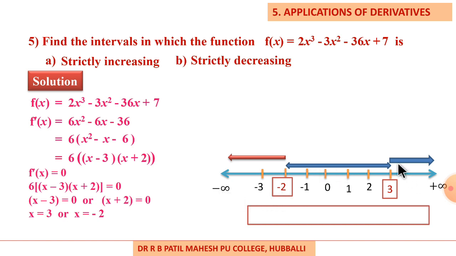So by using these points, first I have to find the total number of intervals. So we get 3 intervals here: this is the first, this is the second, and this one is the third.